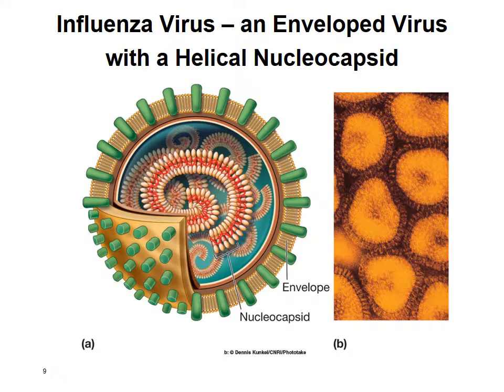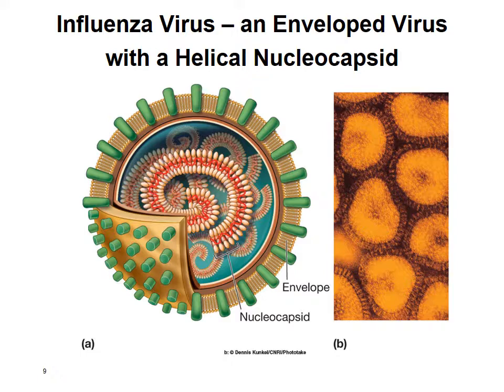But not all helical capsids are as rigid as the tobacco mosaic virus capsid that we just saw on the previous slide. Here we have the influenza virus, and the influenza virus genome is enclosed in thin, flexible helical capsids that are actually folded within an envelope.